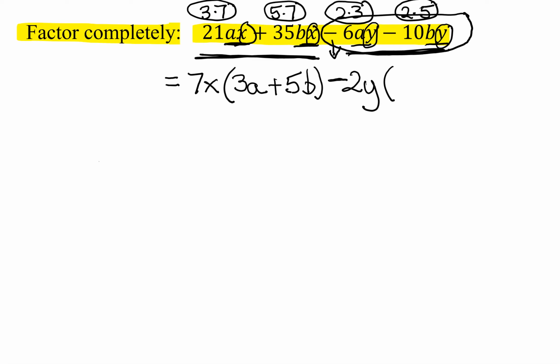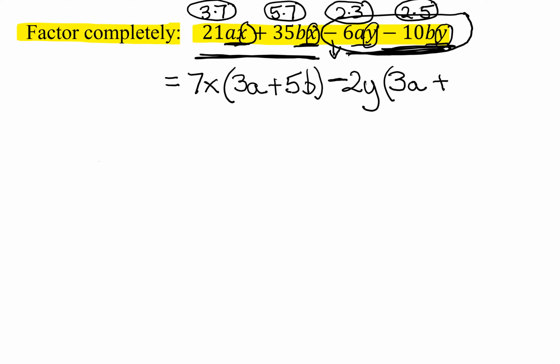When you factor out a negative, you're going to change the signs of both of these terms. So when I factor a negative 2y out of a negative 6ay, well, 2 goes into 6 3 times, and I factor a y out of an ay, it's going to leave an a. Now I'm factoring a negative 2y out of a negative 10by. So again, it's going to leave a positive.